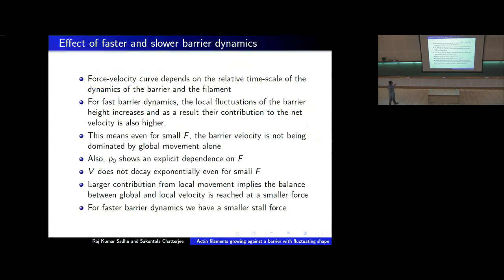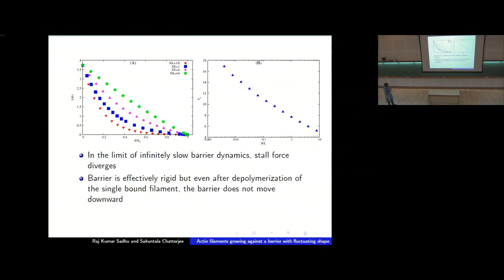In fact, these trends can be understood by considering the fact that when surface fluctuations are faster, then the contribution to the velocity coming from the local fluctuations becomes more important. As a result, even for small or intermediate force, it is no more dominated by global movement alone, therefore it deviates from this exponential behavior.